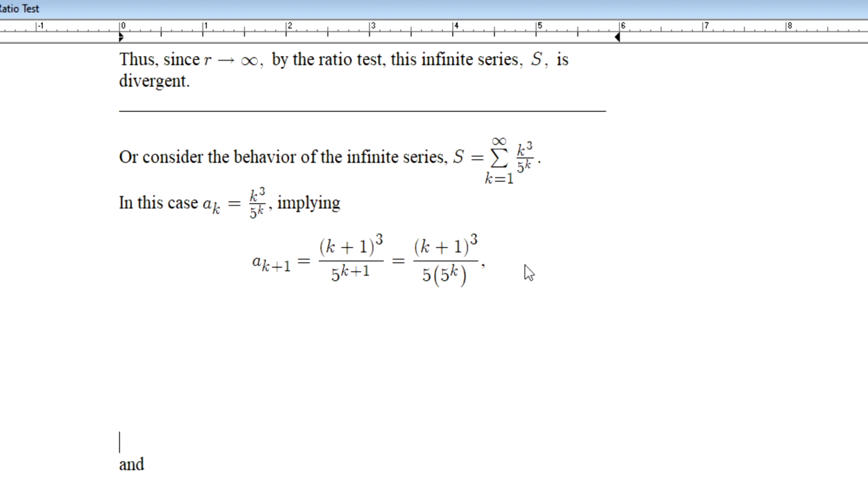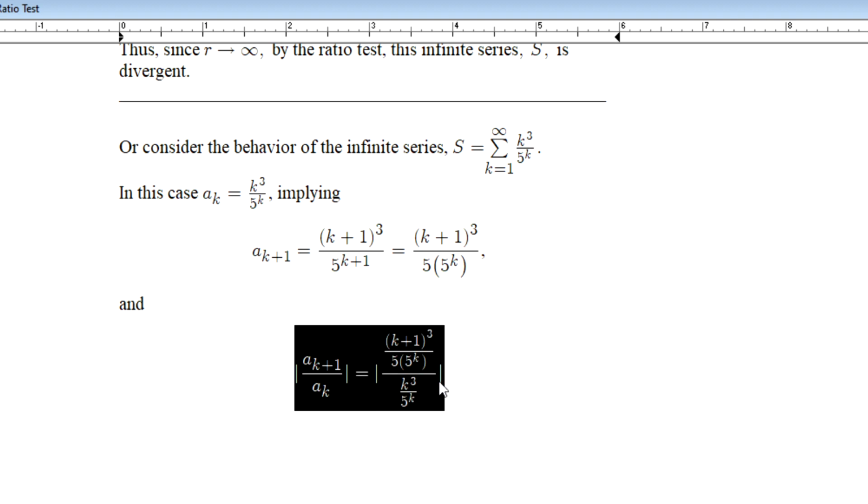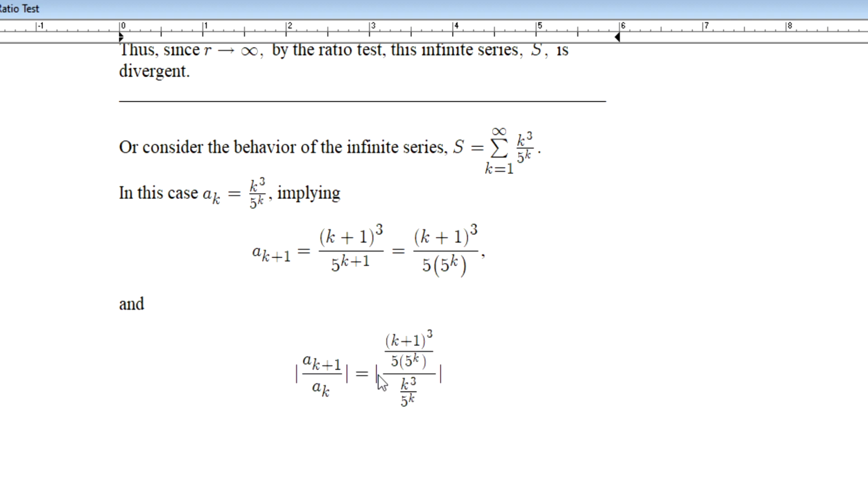And if we think about then the absolute value of a sub k plus 1 divided by a sub k, it would set itself up again in this complex absolute value, where to eliminate the absolute values, this is a non-alternating case, folks. In our series, k is always going to be from 1 up to infinity. k is always going to be greater than 0. It's always going to be positive.